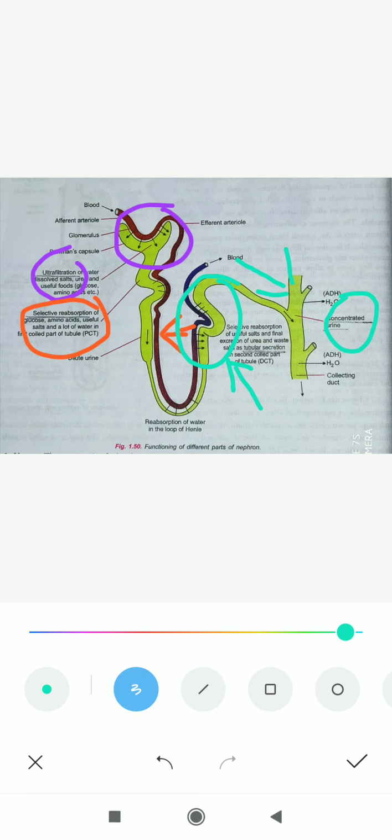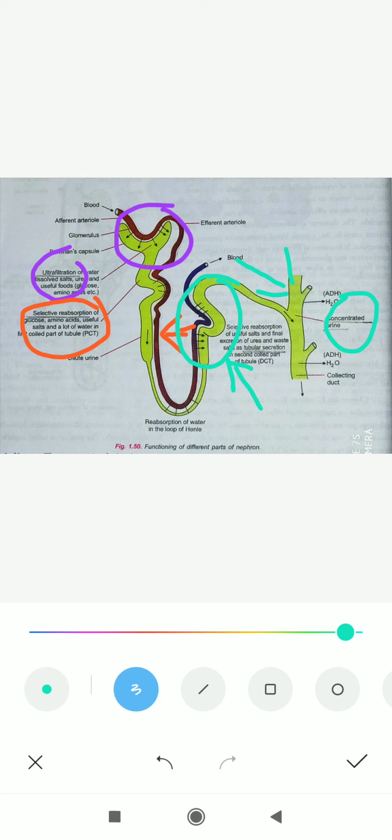So during this last step, which is performed in the collecting duct, the concentration or composition of urine is controlled. Concentration of urine is regulated. If water is less, then ADH is secreted and concentrated urine is passed out. If water is enough in the body, then ADH is not secreted and diluted urine is passed out.